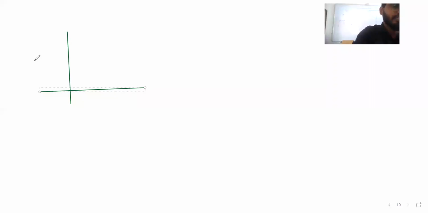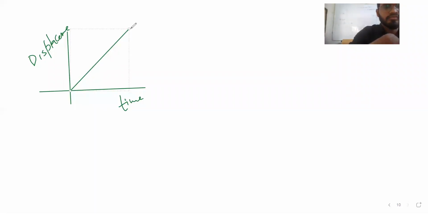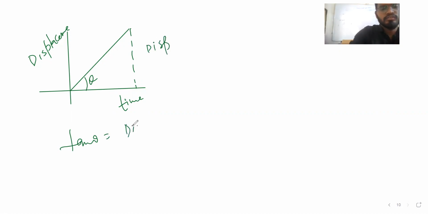Fine. Now let's see the displacement time curve, right? So now you guys can understand in an easy way. Suppose again the same thing, displacement time, right? So if it is a displacement time curve, again you take tan theta, this is, we can say, displacement by time, right?